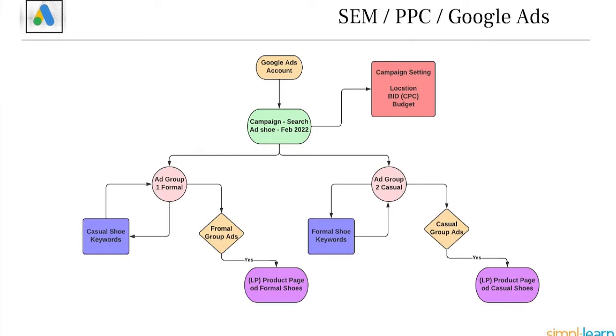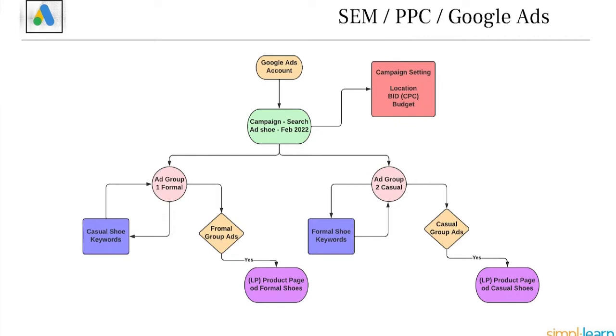Okay, but after doing this bifurcation or segmentation, what would happen? All the formal keywords like party shoes, office shoes, formal black shoes would go here. This ad group would trigger if any of these keywords were searched, and accordingly the ad which has everything related to only formal shoes will be shown. And of course with that ad, the landing page which is connected would open when somebody clicks the ad.